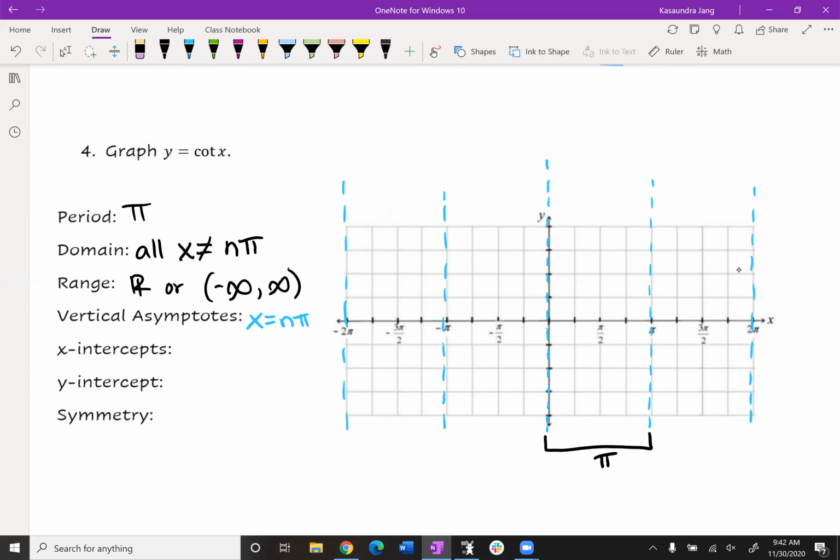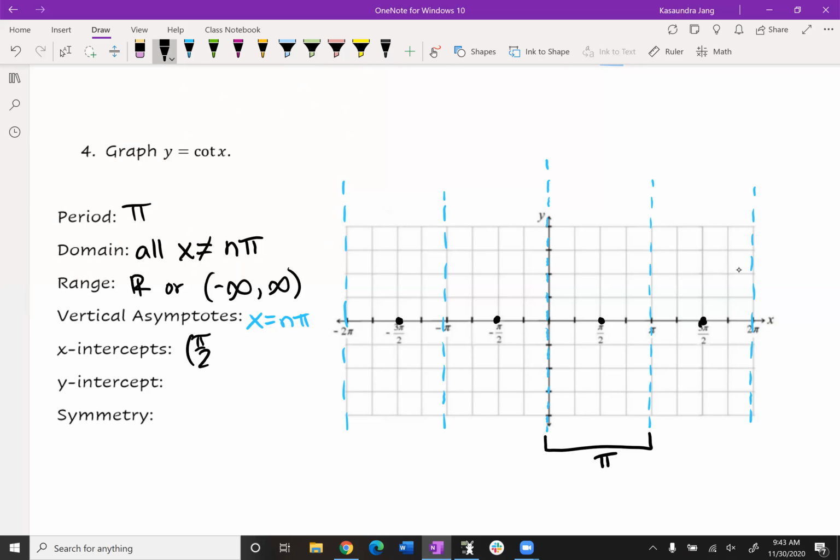All right, x-intercepts. My x-intercepts are going to be similar to tangent in that it's right in the middle of all these asymptotes. So this is going to be over and over and over again.